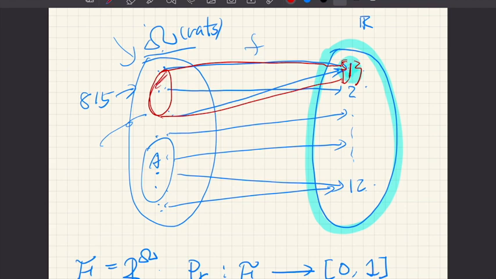Okay, so a certain number of rats here have produced one baby. So we can calculate the probability of this in terms of the event as a subset of omega.